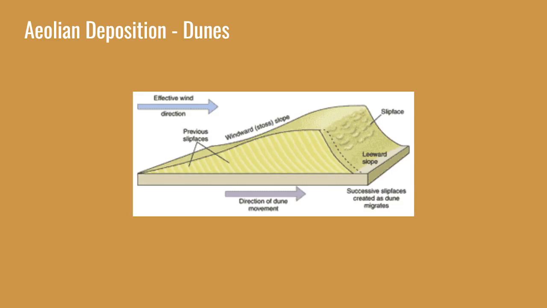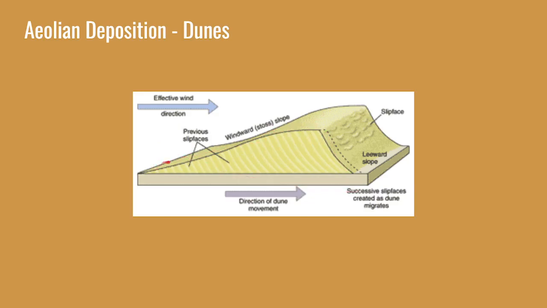Dunes come in a variety of shapes and sizes, but most dunes have a windward slope and a leeward slope. And the windward slope, it's always shallower than the leeward slope.